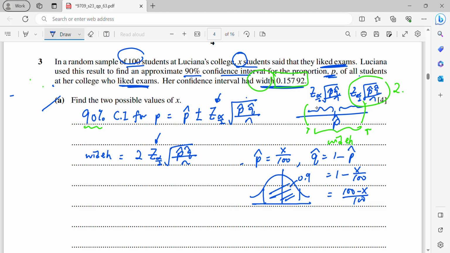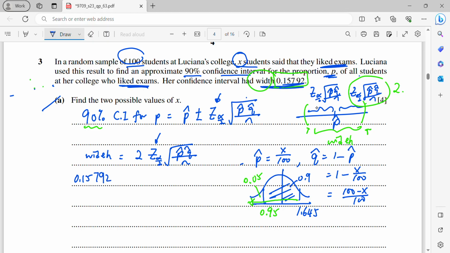But then we need the area of the region towards the left-hand side, the green region. Now we know that the total region is 1, which means here is going to be 0.05. Right? Then I will know that the total green region is going to be 0.95. Now you can read this 0.95. What is the critical value when the probability is 0.95 from the table? So it is 1.645.